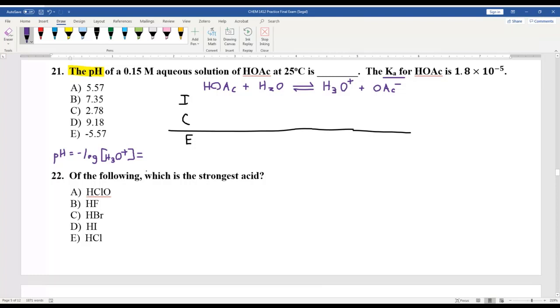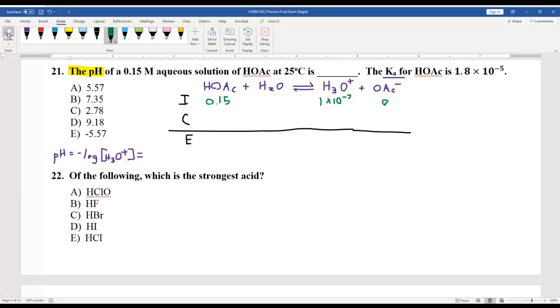When you're given an initial amount and you're trying to find an equilibrium amount, an ICE chart is always a good idea. So the initial amount of HOAc is 0.15. The initial amounts here and here are 0 and 1 times 10 to the negative 7, because in a neutral solution, 1 times 10 to the negative 7 is the concentration of H3O plus.